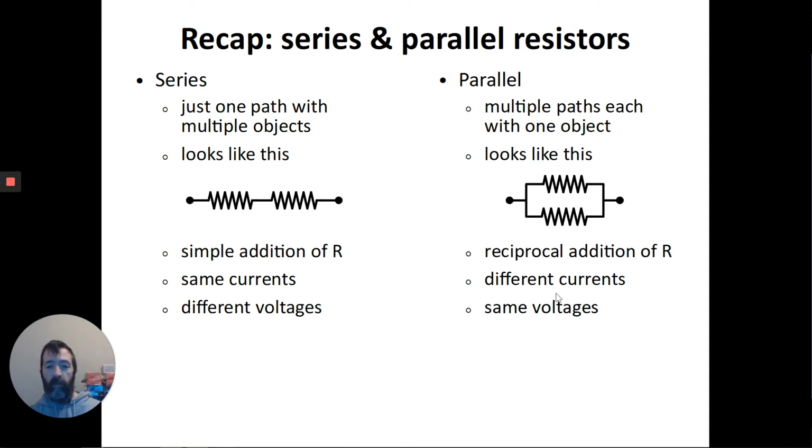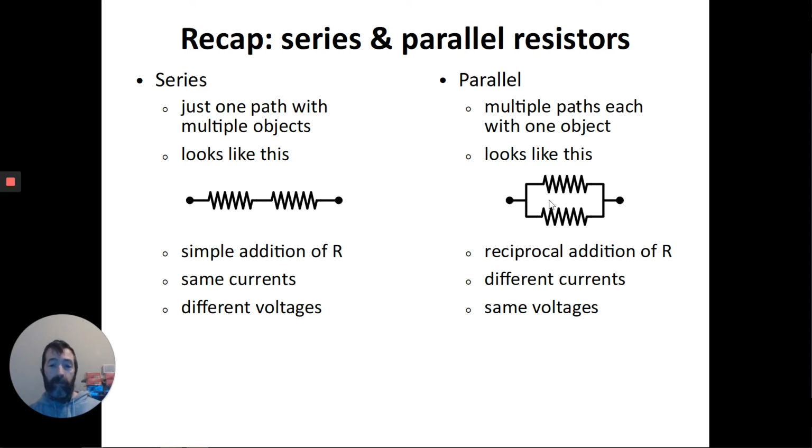When objects in a circuit are in parallel, they in general are going to have different currents flowing through them, but they will have the same voltage. So similar to what I was saying for the series combinations, if the resistors happen to be identical, then you'll get the same current. If the top path is 100 ohms, the bottom path is also 100 ohms, then the current is just going to split 50-50 between them.